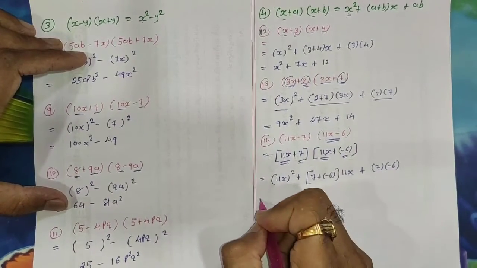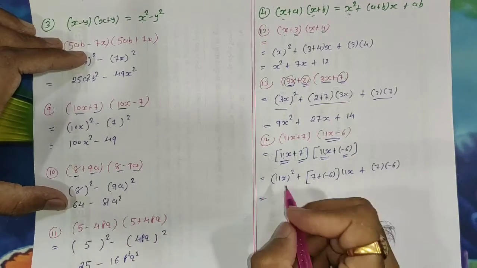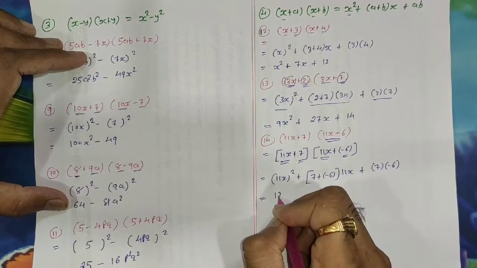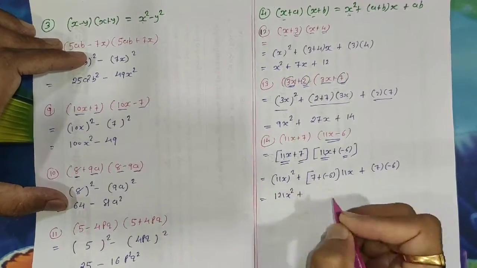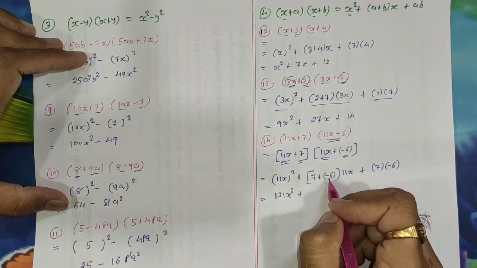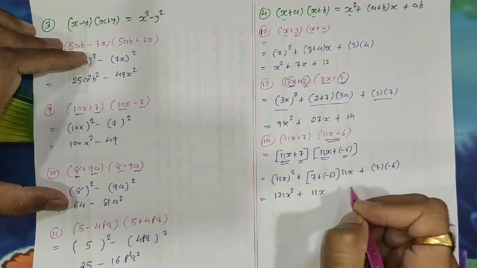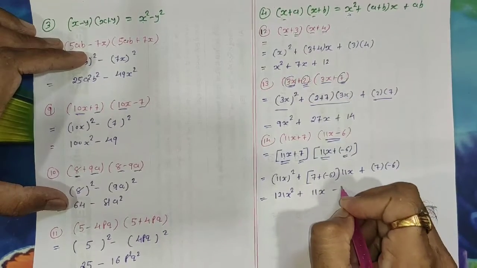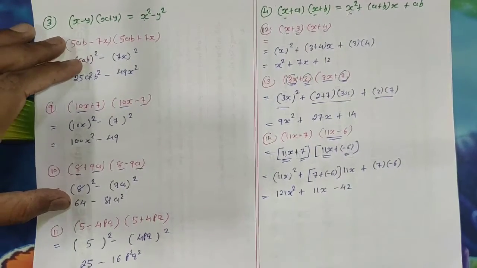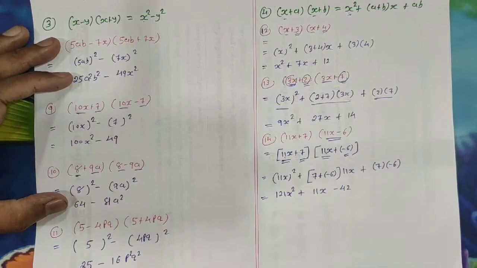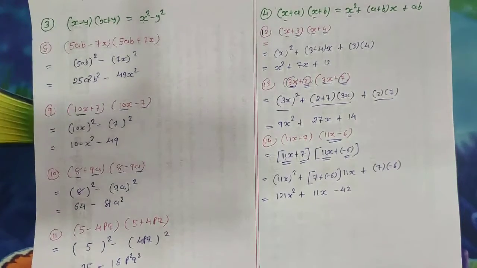This is the only difference when a minus sign is there. So now 11x square is 121x square, plus 7 plus minus 6, so 7 minus 6 is 1, into 11x, then 7 sixes are 42, it's minus 42. Clear students?